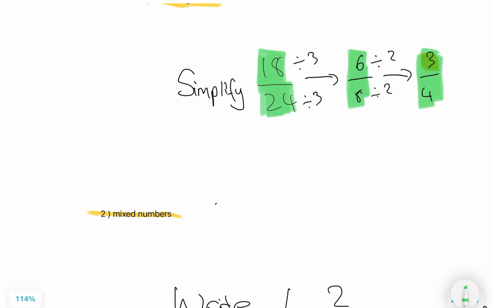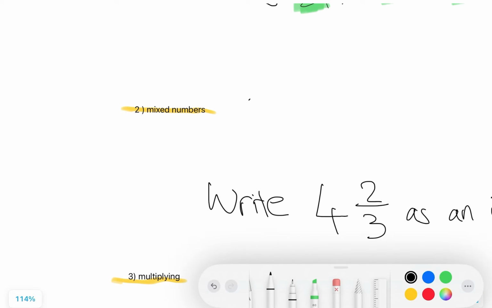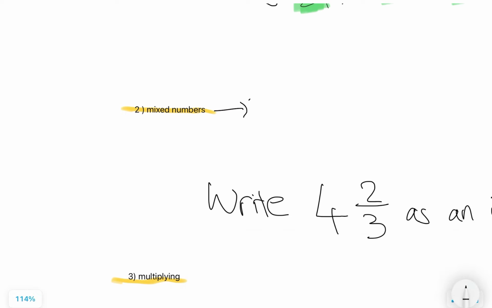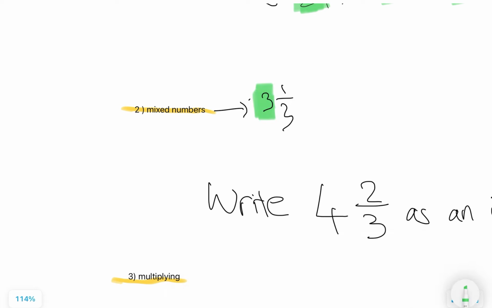Next up, we're going to talk about mixed numbers. Well, first we need to understand what a mixed number is. A mixed number is a number like 3 and 1/3. This is an example of a mixed number, because this number has an integer part and it also has a fraction part.